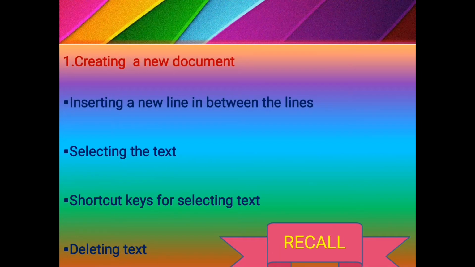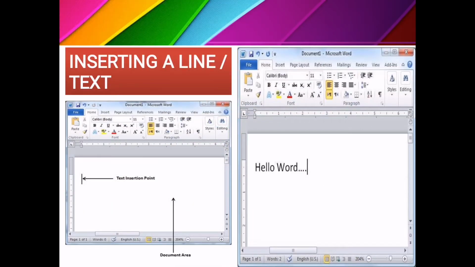Okay, last class we discussed how to create a new document, how to insert a new line between the lines, selecting the text, shortcut keys for selecting text, and deleting the text. How to insert a text?